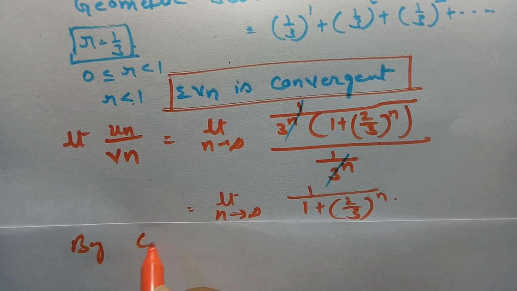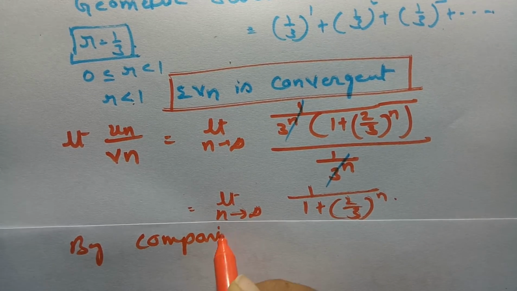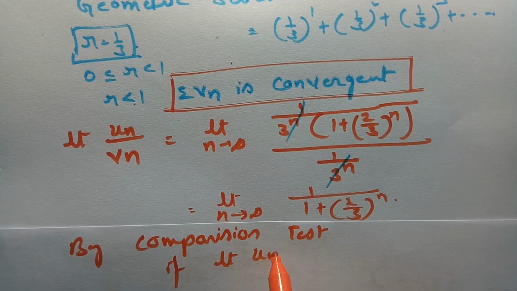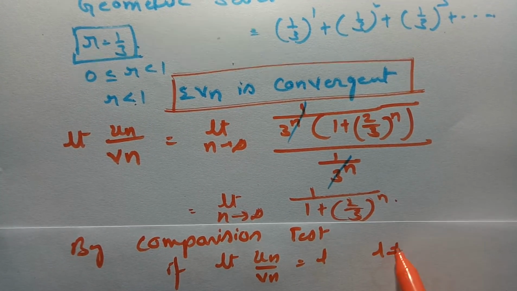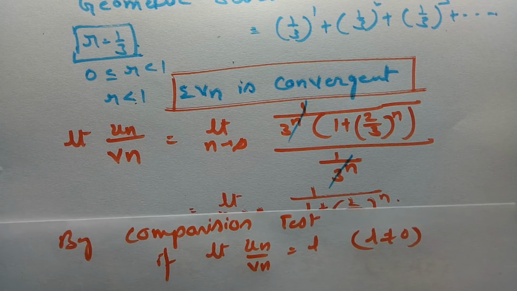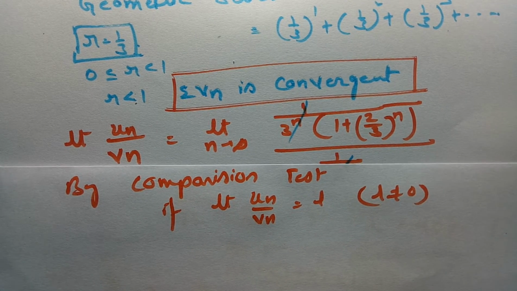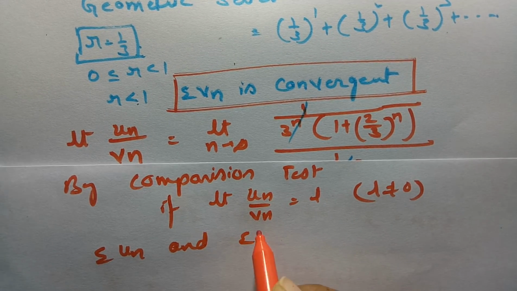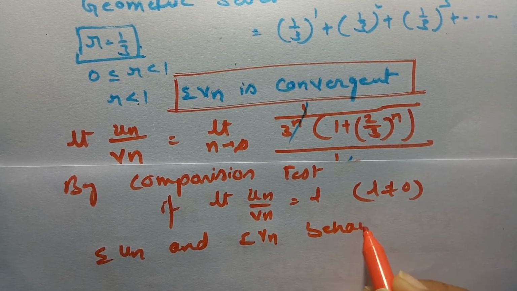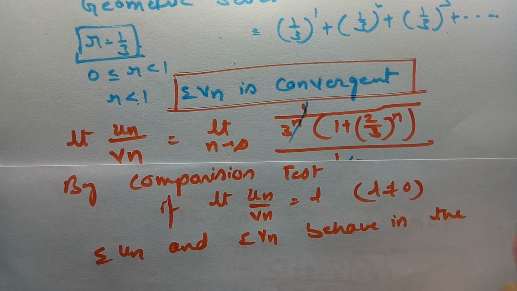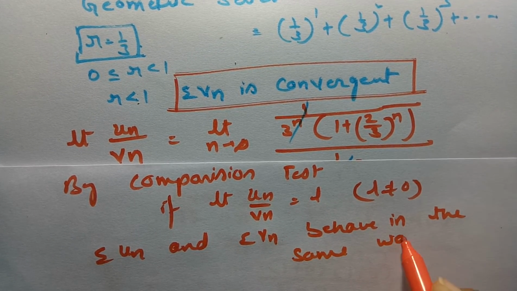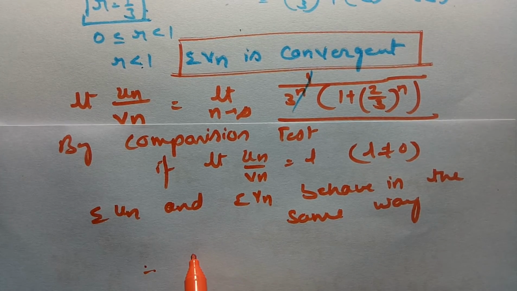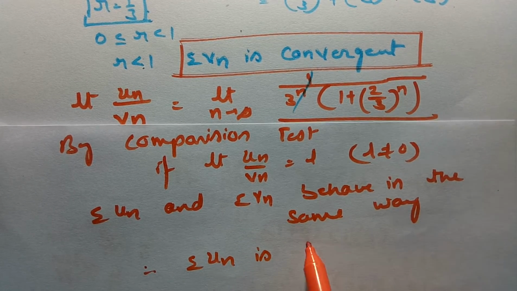By comparison test, if limit un by vn is equal to L and L is not equal to 0, then sigma un and sigma vn behave in the same way, both diverge or converge together. Here our vn is convergent, therefore by comparison test sigma un is also convergent.